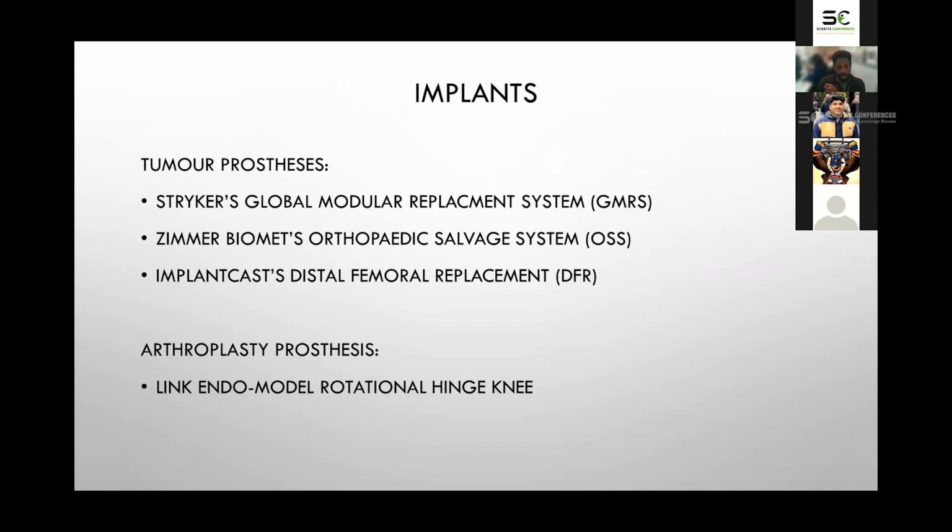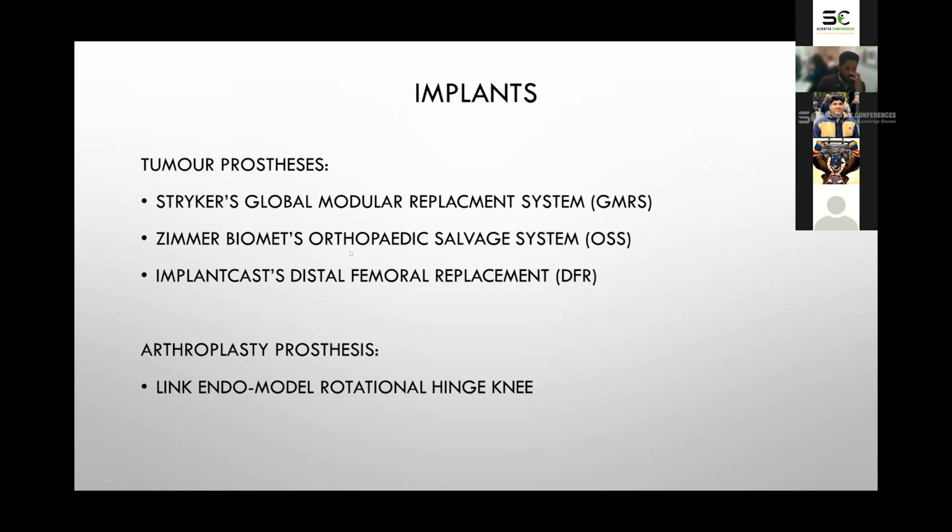However, in the literature, Zimmer Biomet's OSS has been preferred by some surgeons due to its minimum required bone resection depth of between 3 to 5 centimeters. This is lower than other implants, such as Implantcast, which requires at least 7 centimeters of bone resection from the knee joint. And these tend to be tumor prostheses that have been used in the fracture setting.